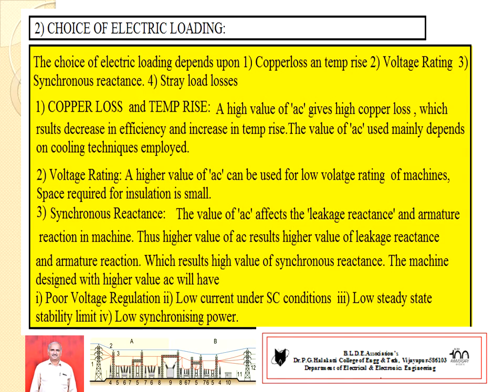This increase in copper loss also increases the heating effect, which will definitely affect the insulation of the machine. Hence, if we select a higher value, then a proportional cooling system is required.